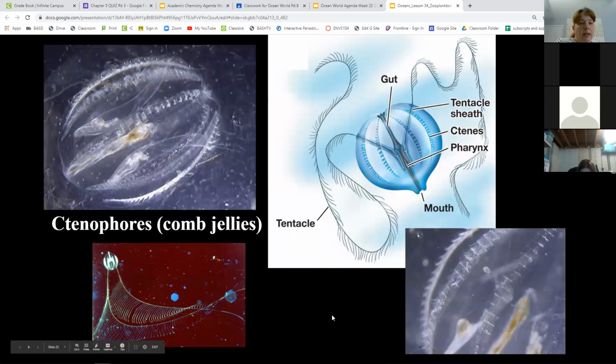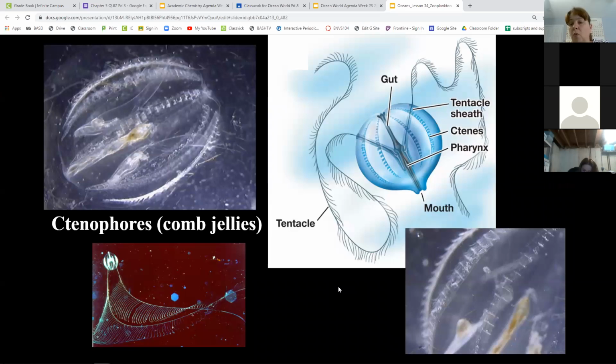Okay, another jellyfish looking organism that is not actually a jellyfish is called a comb jelly. The fancy name for it is a ctenophore, but a comb jelly is all you really need to know. So these comb jellies, again, they look like jellyfish because they're basically a clear blob of jelly, but these guys do not have any stinging cells.